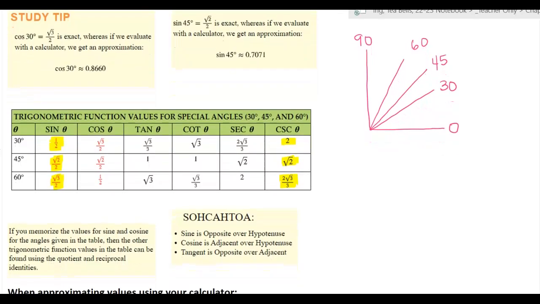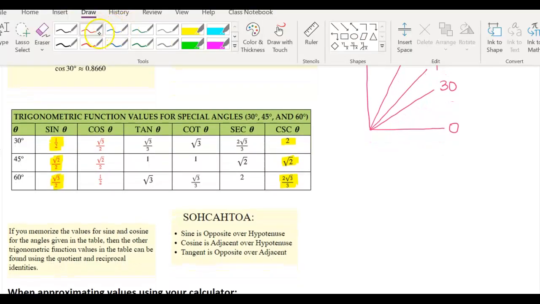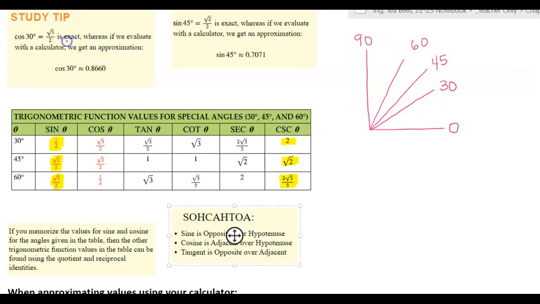Let's do an example. Let's say we wanted to find the sine of our 45-degree angle.